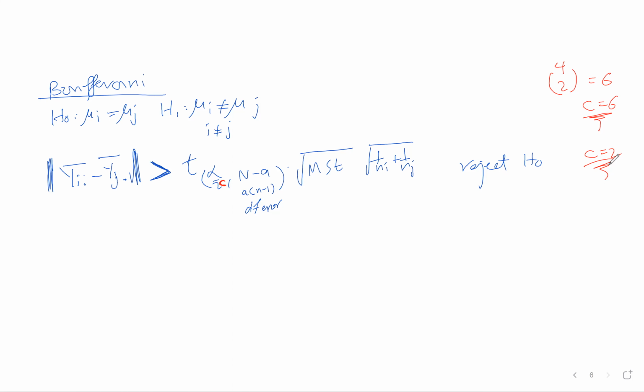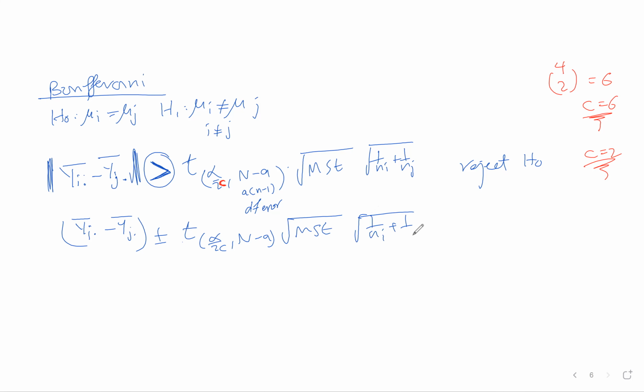And the confidence interval is what? Based on Bonferroni, for the confidence interval you only change greater than to plus or minus. So it will be yi dot bar minus yj dot bar plus or minus t at alpha over 2c and big N minus A, times the square root of MSE times the square root of 1 divided by Ni plus 1 divided by Nj.